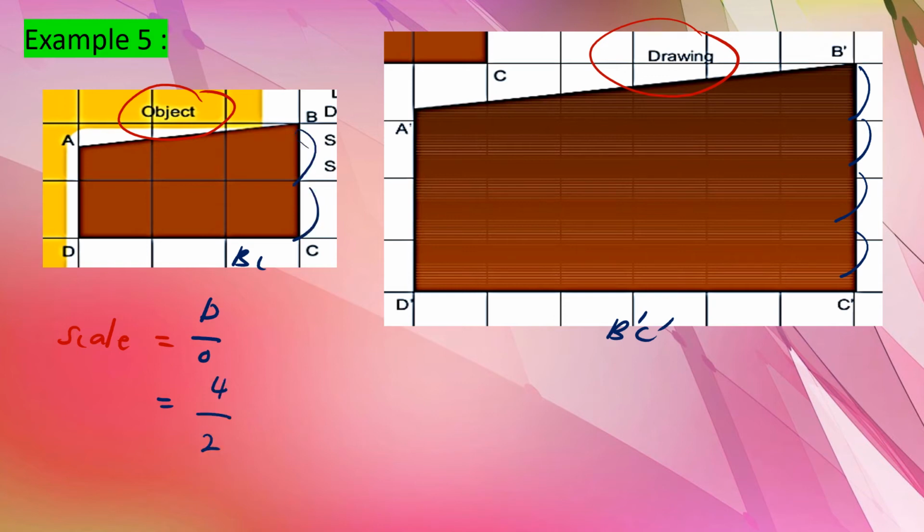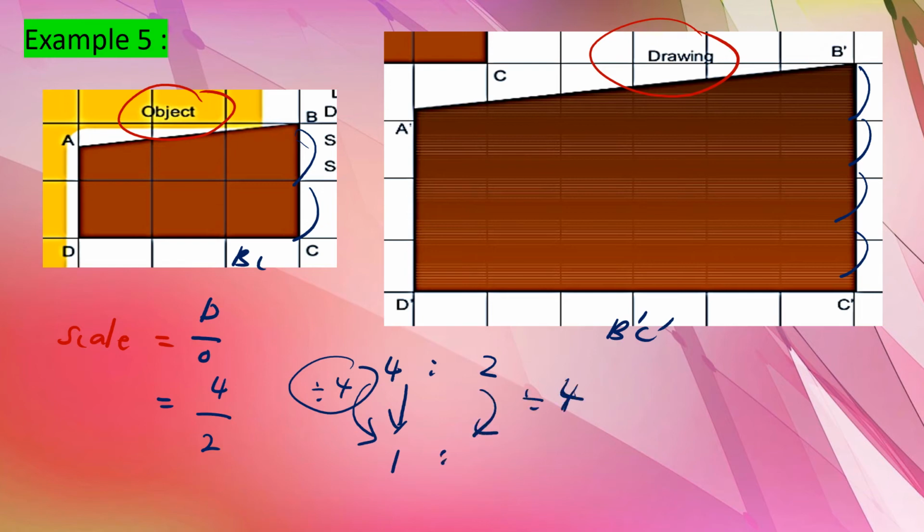So 4 over 2. Change to ratio 4 is to 2. The first one must change to 1. How to become 1? Divide by 4, right? 4 divided by 4 is 1. So this side also divides by 4. So 2 divided by 4 is 2 over 4. Finally you get 1 is to 1 over 2. Simplify the fraction. So your scale is 1 is to 1 over 2. This is your answer.